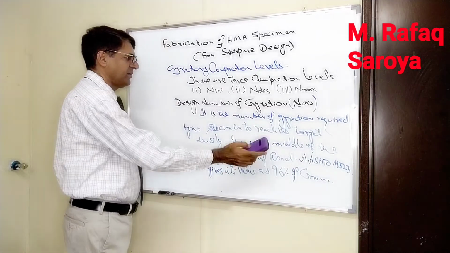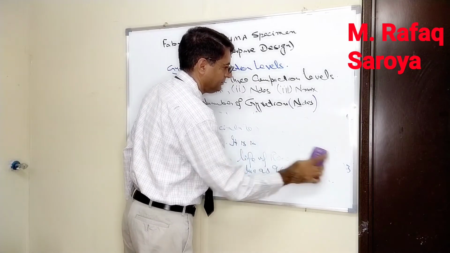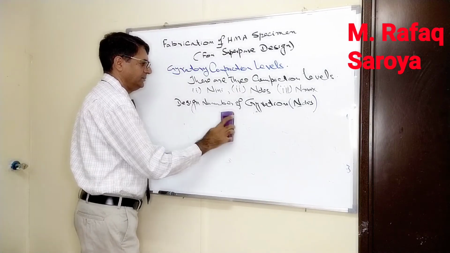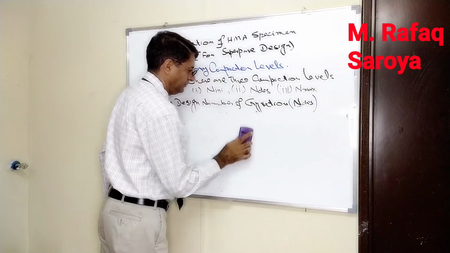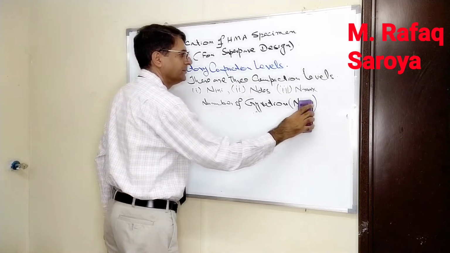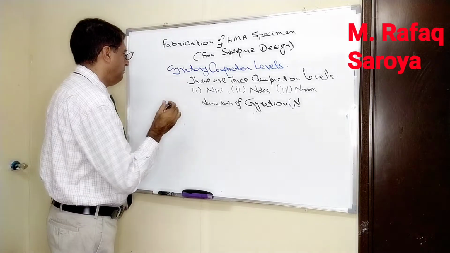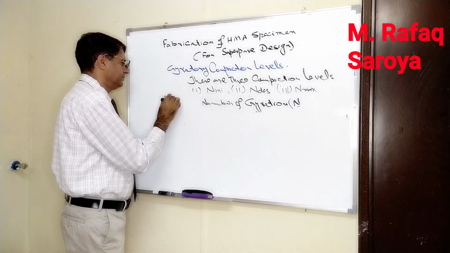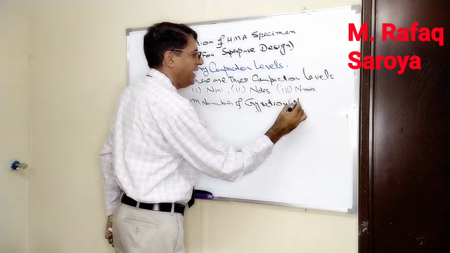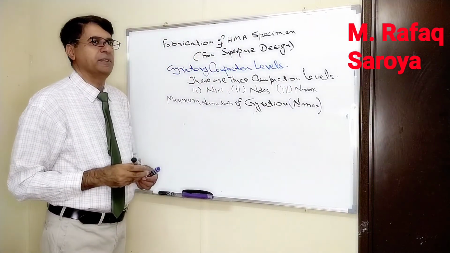After this, our last compaction level is known as the maximum number of gyration, Nmax. What is the meaning of this one?